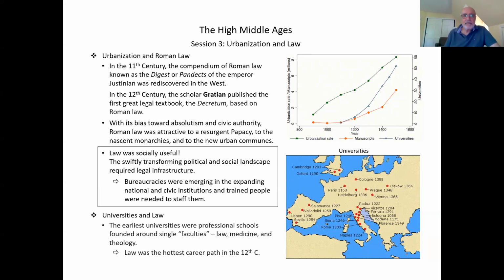And in the 11th century, what was resurrected was the compendium of Roman law that's known as the digests or the pandects that were written or developed under the Emperor Justinian in the 6th century AD, when he was the emperor of the entire Roman Empire, but based in Constantinople.